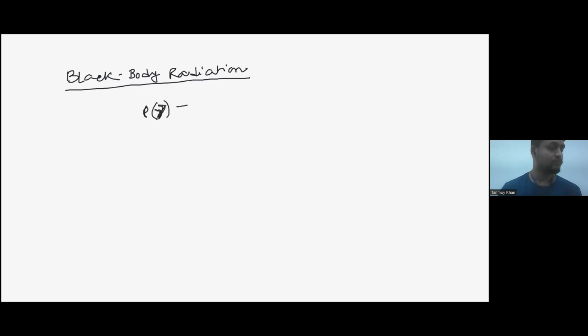So it will be 8 pi k T mu square by c cube.